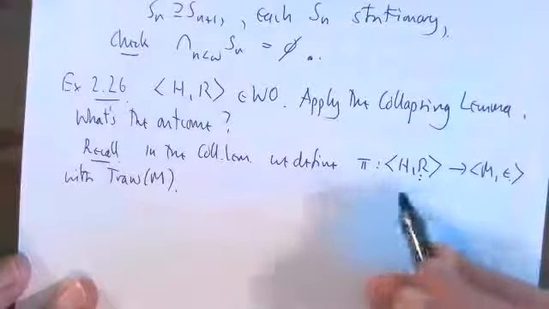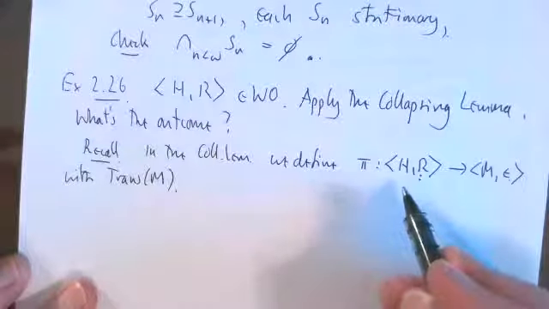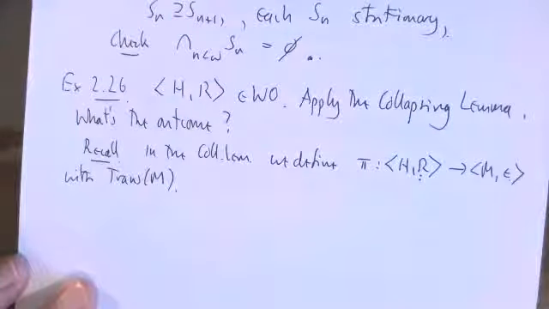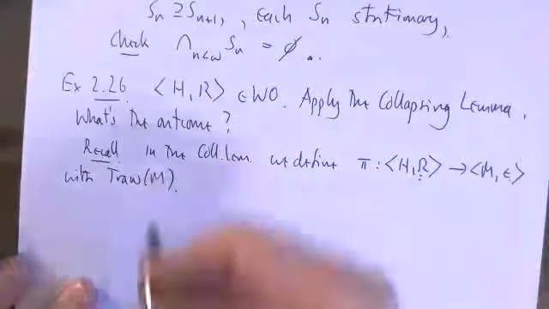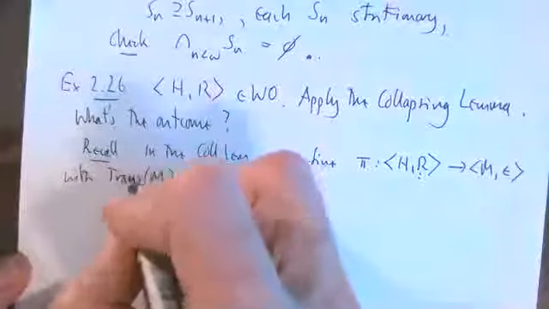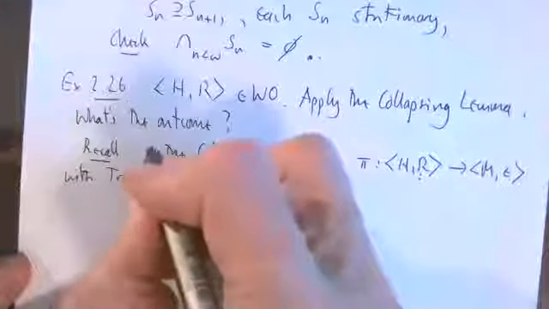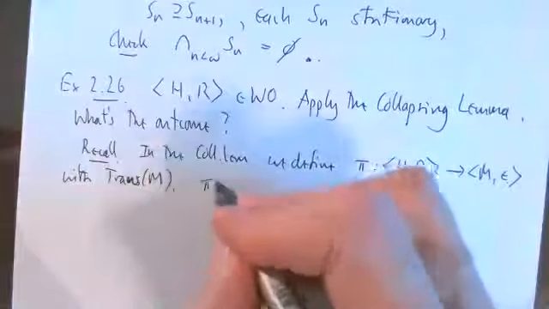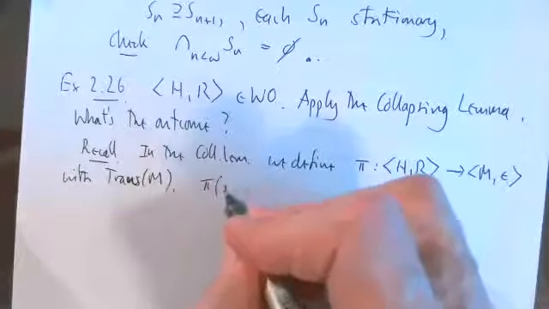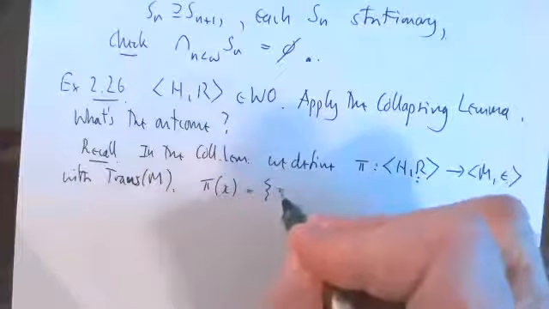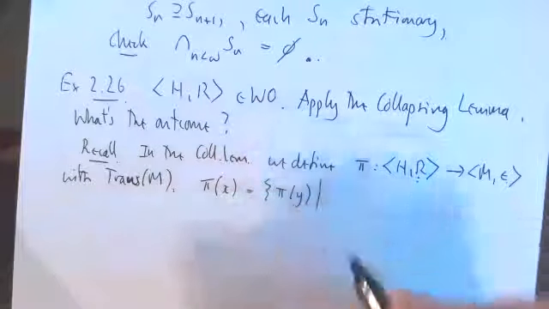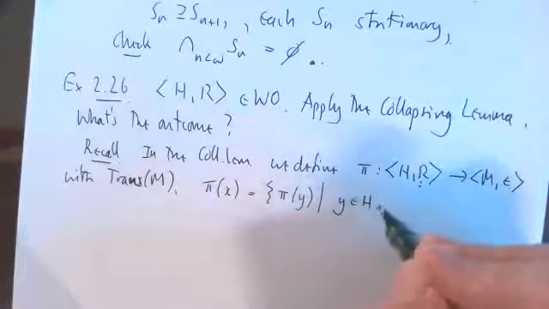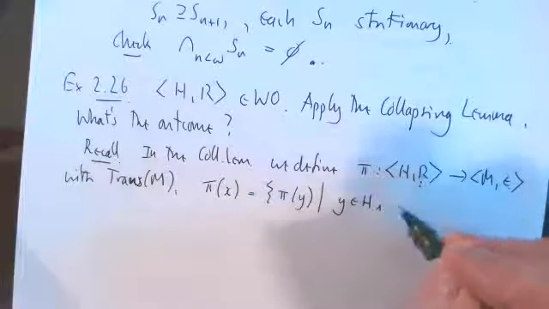So any well-founded extensional relation is isomorphic to an epsilon relation on a transitive set. And pi has to be defined like this. Pi of x is the collection of pi of y's where y is in H and y comes below x under R.